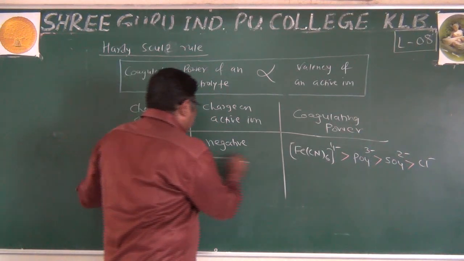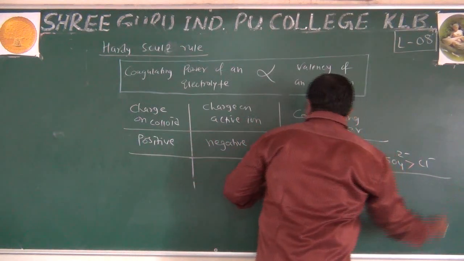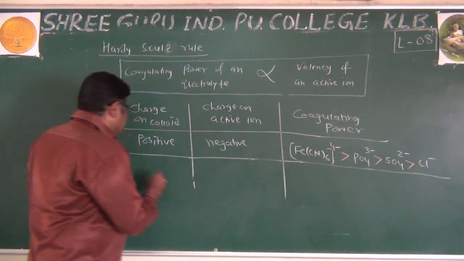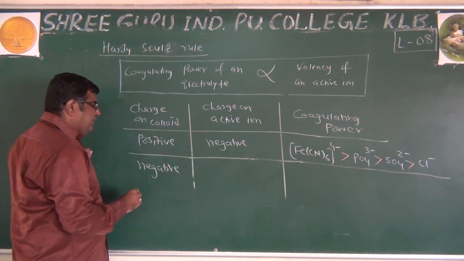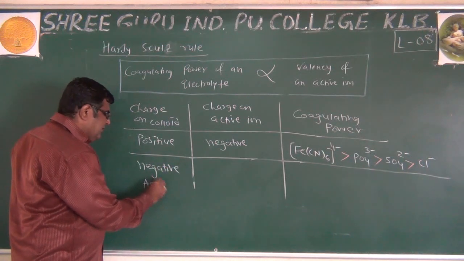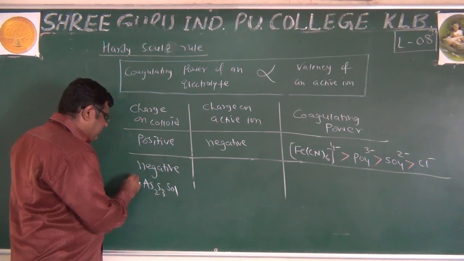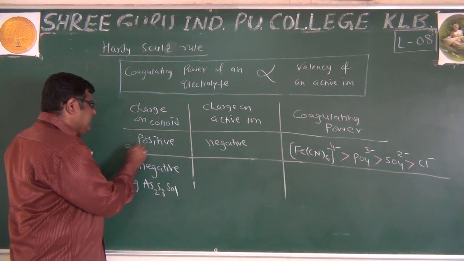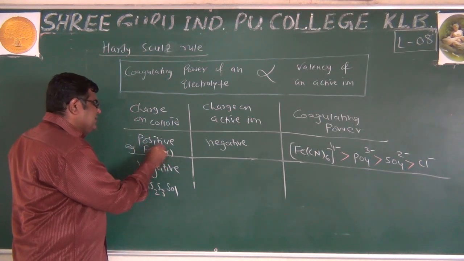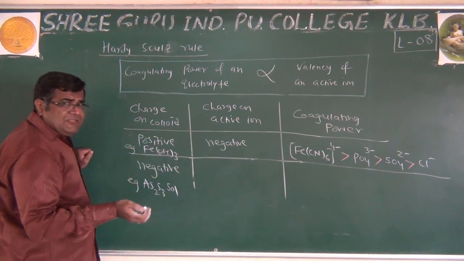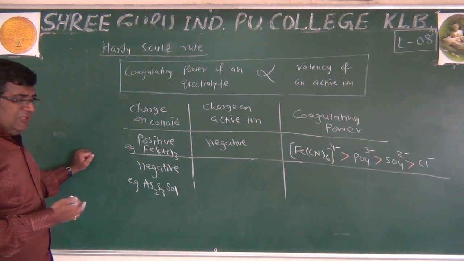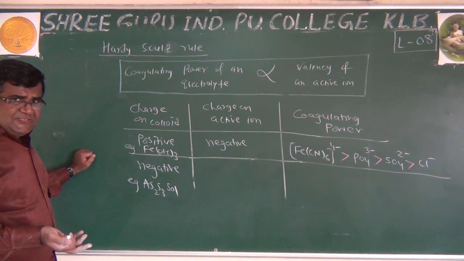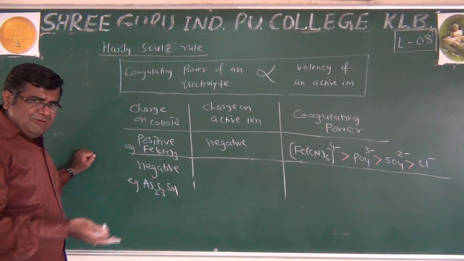Now if our colloid is negative, an example is As2S3, and another example is Fe(OH)3 for positive. There are many, we have made a list of these. You should remember some 2-3 examples, at least those mentioned in the textbook, because they may frame questions without giving the charge, since those charges are already in the textbook.